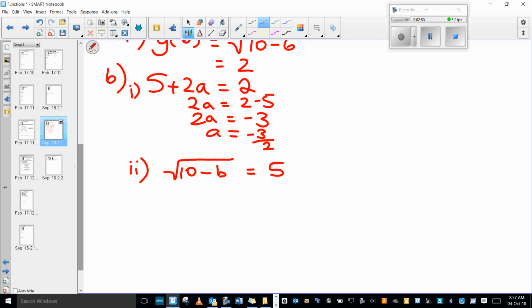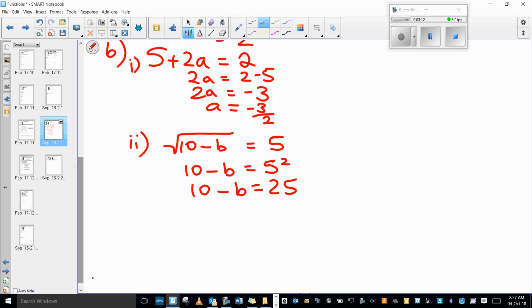How do we get rid of the square root? Yep, so we will have 10 minus b equals 5 squared. Lovely, because that's the opposite of square rooting.